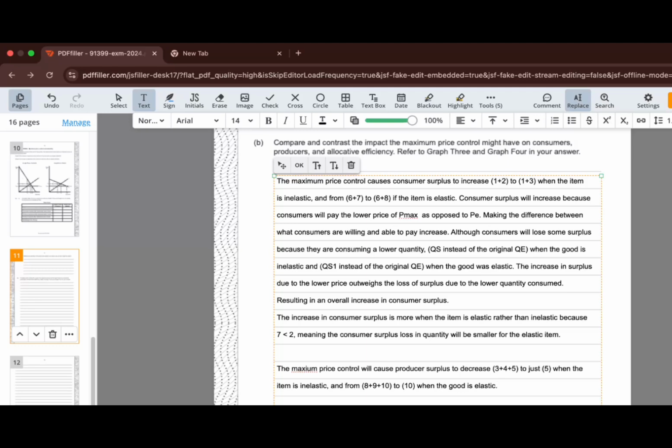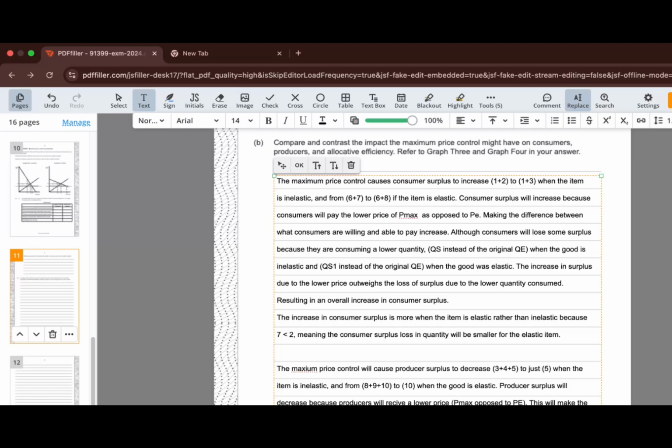So producer surplus will decrease because producers will receive a lower price, P max, as opposed to the original price of PE, right, guys? So price max as opposed to price at equilibrium. This will make the difference.